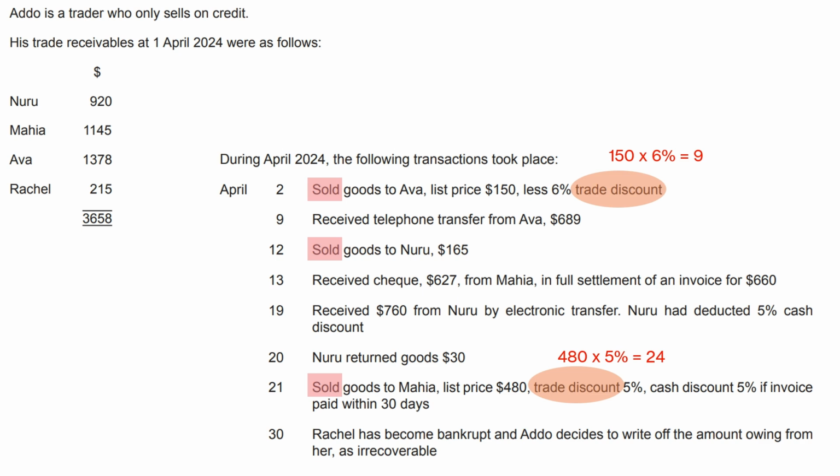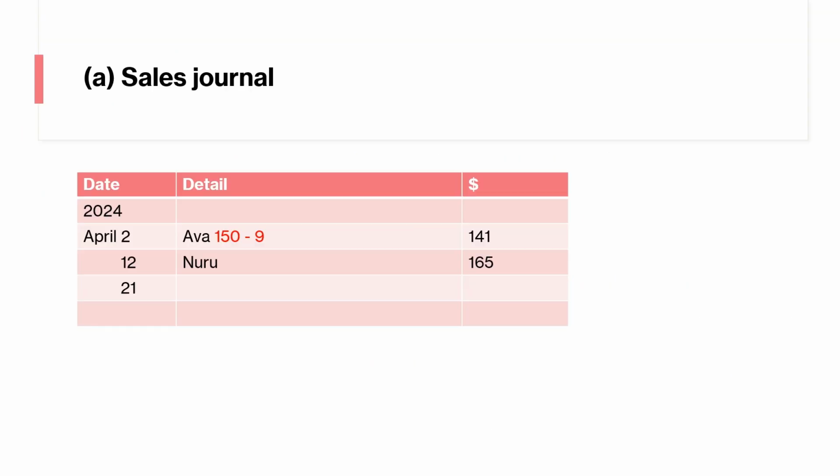The answer is no, because the customer has not yet settled his account. Mahia has not settled the account yet, which means we don't know whether Mahia will make use of this cash discount. So we do not record it. So on the 21st, Mahia, 480 minus 24, which is the trade discount, will give you a net amount of $456.